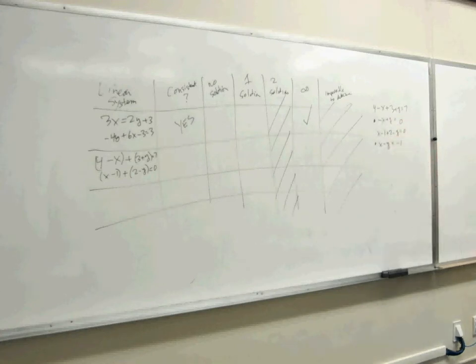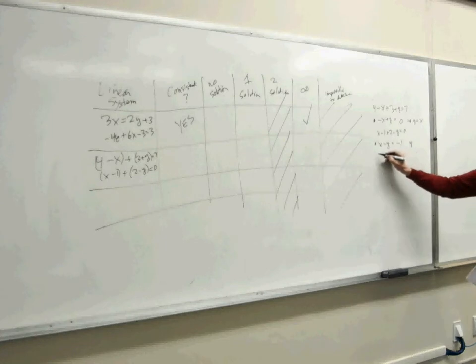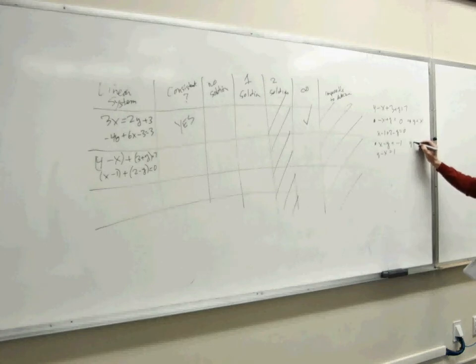One says y equals x, doesn't it? This says y equals x. This says, well, let me invert the sign here. Y minus x equals 1. So this says y equals x plus 1.